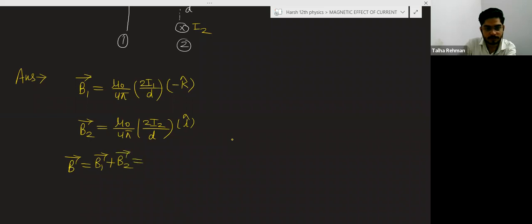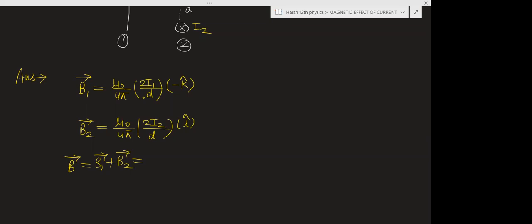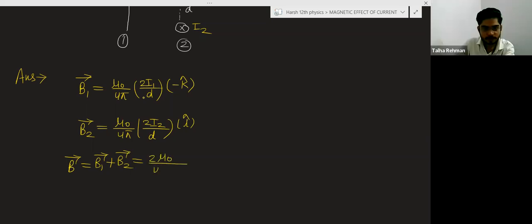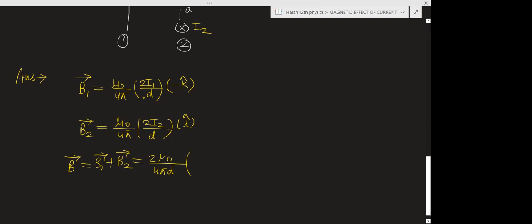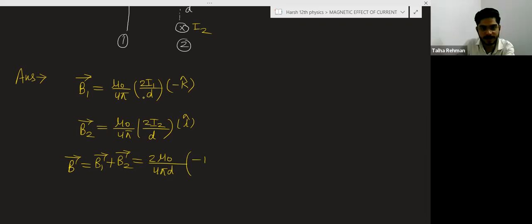When you add both vectors, first you take common 2 mu naught by 4 pi d, and the remaining thing will be minus I1 into k cap, so this becomes minus I1 into k cap, and this becomes plus I2 into i cap.